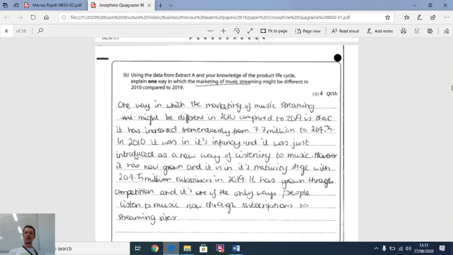So that's getting her knowledge mark. One for the usage of maturity and introduction. Two for the usage of figures and the idea of increased competition. And then that last bit of analysis, the link, is that people are subscribing through streaming sites. So that's your 4 markers.